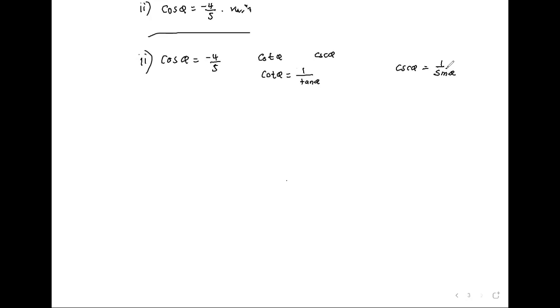We are told theta is in the third quadrant. So third quadrant, you put an angle like that. Well, this is 90, and this is the theta given.